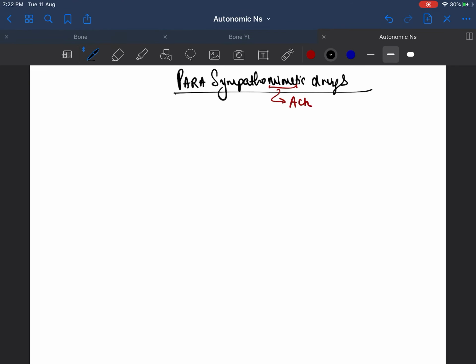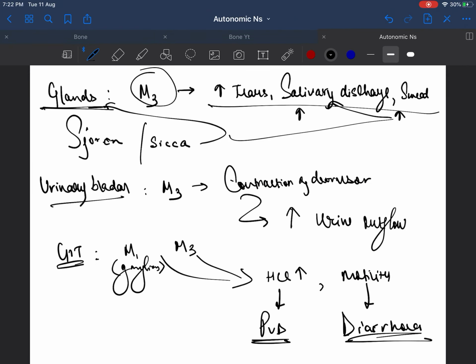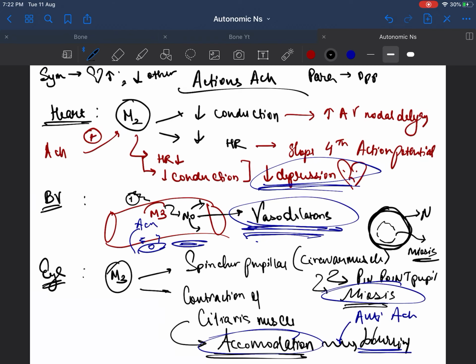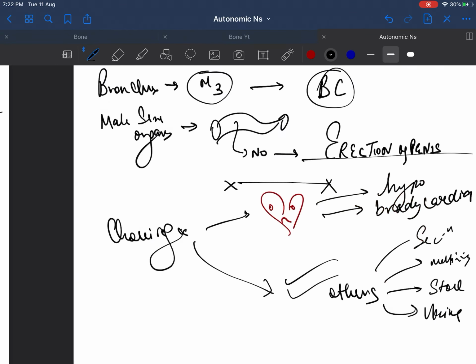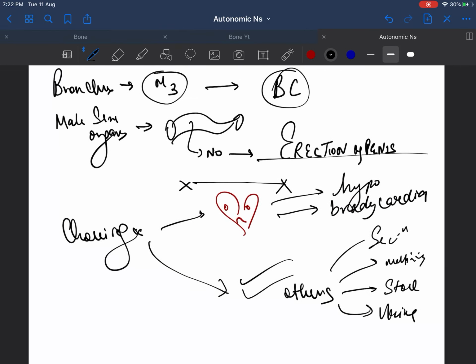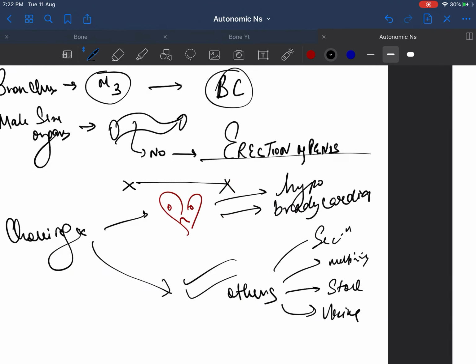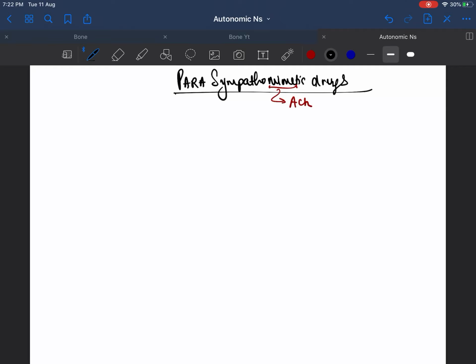Similar to acetylcholine. All the actions that we discussed here, like on the heart, the blood vessel, the eye, glands, urinary bladder, GIT, male sex organs, and also the bronchus. So these are actually of two types. These are directly acting and these are indirectly acting.